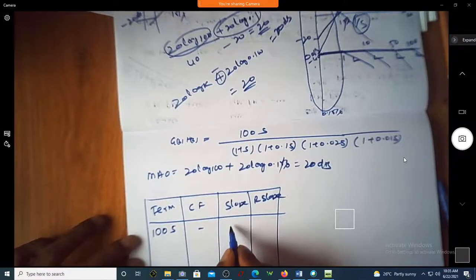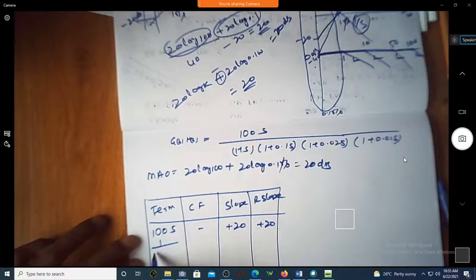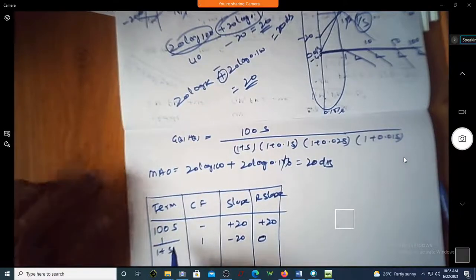100 S, slope is plus 20. Next, plus 20 S plus 1 by S plus 1, slope is minus 20, and 0.